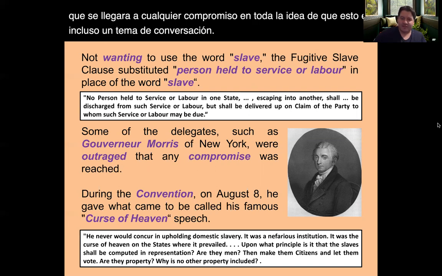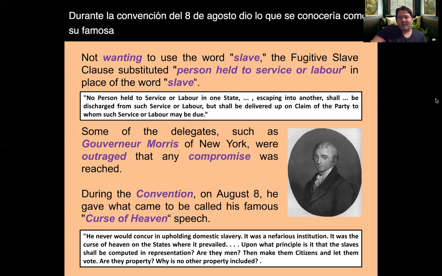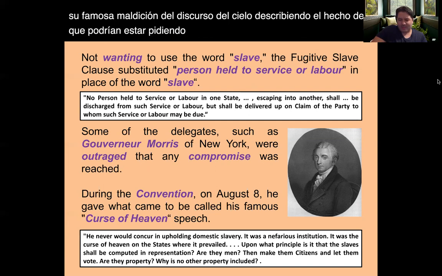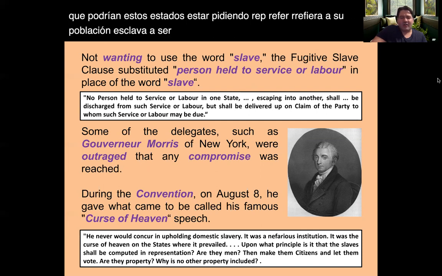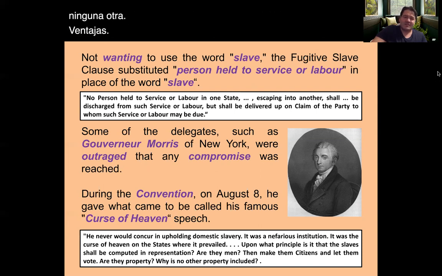During the convention on August 8th, he gave what would become known as his famous Curse of Heaven speech, asking how these states could be asking for their slave population to be represented when they themselves are not receiving any other benefits of citizenship.